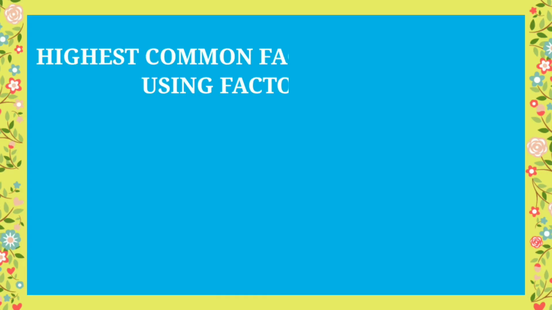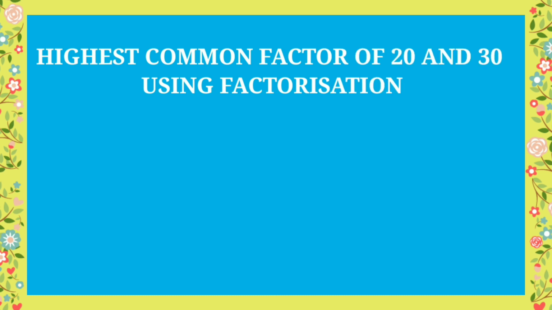Let us see how we can find highest common factor of 20 and 30 using factorization. First of all, we need to find the factors of 20. You have already done an activity of placing buttons in various rows and finding factors.